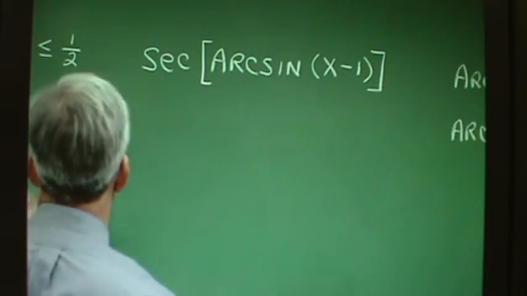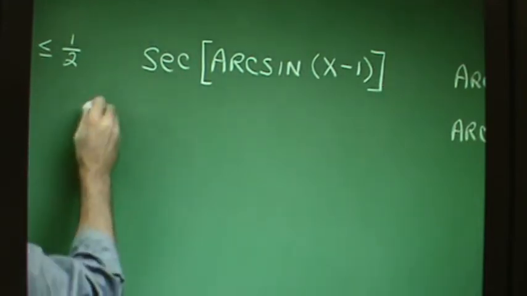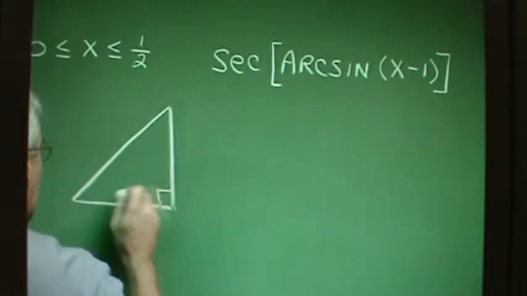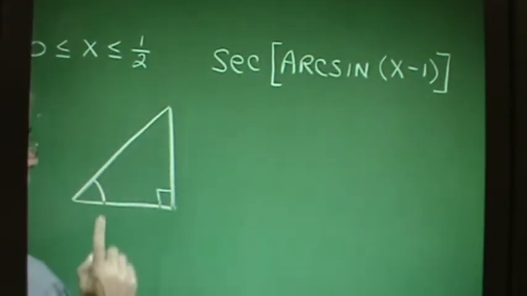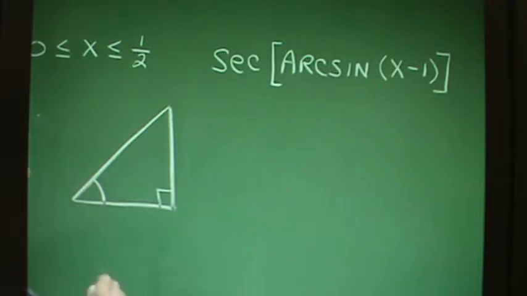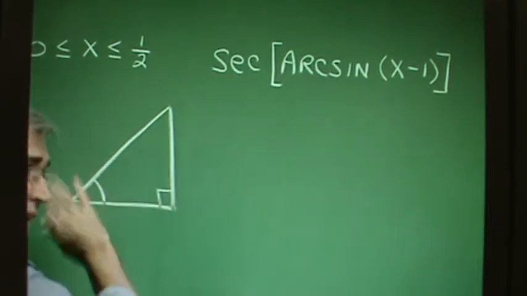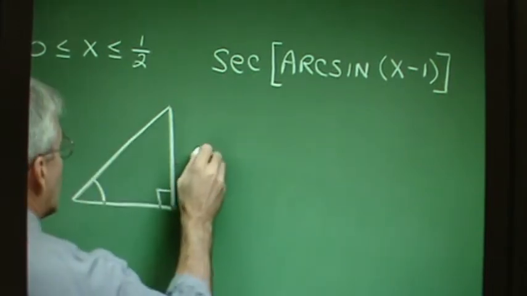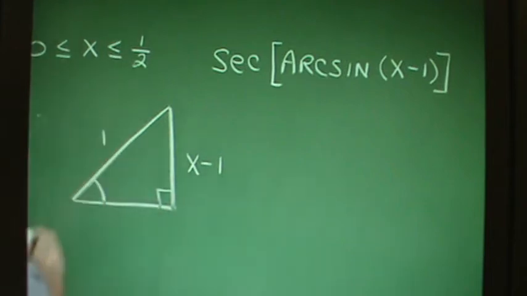Okay, so let's do that. I'm going to erase a little bit over here and slide over. We've got a right triangle, and from the perspective of this angle, the sine of this angle is x minus 1. We can think of it as x minus 1 over 1, a fraction, so that we can think about opposite over hypotenuse. So it's x minus 1 over 1 for the sine of that angle.